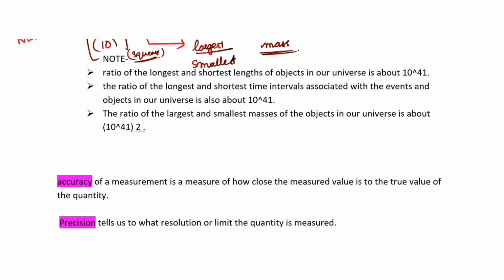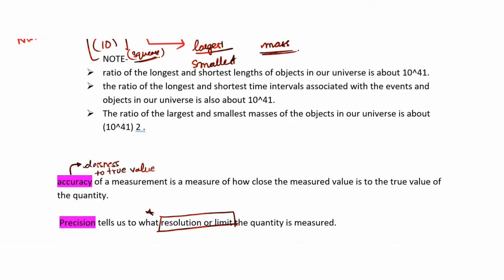When we measure any value, there will be a slight difference between the actual value and the measured value. So the closeness of the measured value to the actual true value is known as the accuracy. Now what do we mean by precision? Precision means the resolution or limit up to which an instrument can measure.